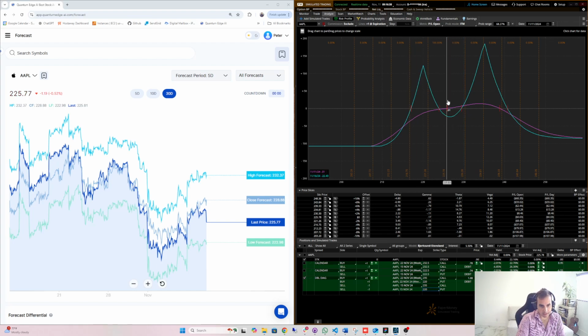Of course, this area you have to be careful of, because if you sit in the position the entire time, you're going to actually lose this net debit. So this is a position that you want to set a profit target for, and you want to basically scale out of the position, scale in the position, and enter and exit.